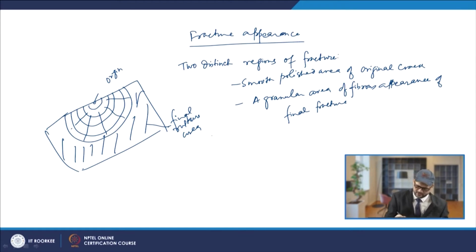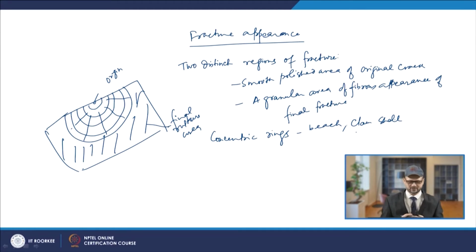These concentric rings are also called beach marks, clam shell marks, or even conchoidal marks, and they basically show the delay in the fatigue loading cycle. These concentric rings show that delay part.